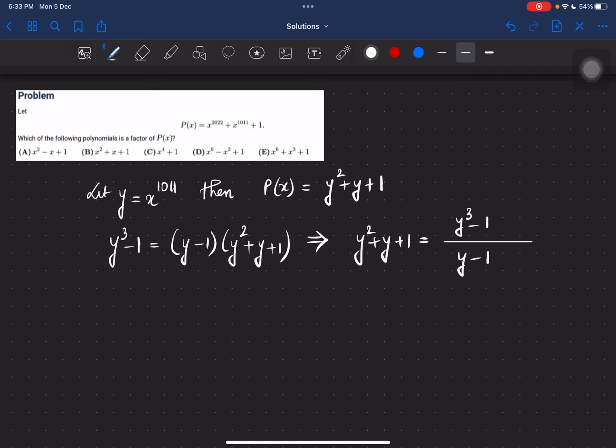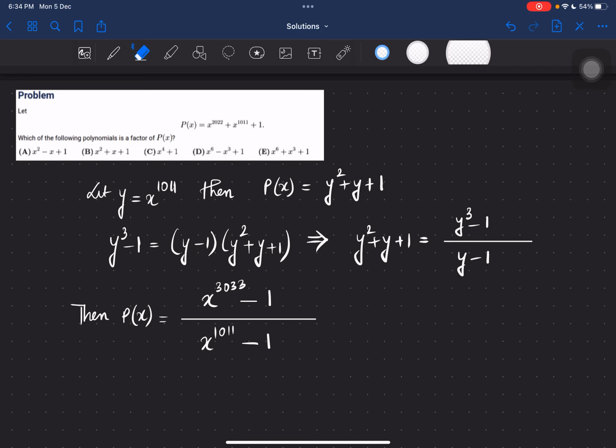If I substitute back in the form of x, we can write p(x) as, since y is x^1011, (x^3033 - 1)/(x^1011 - 1). So this is how we can do it.